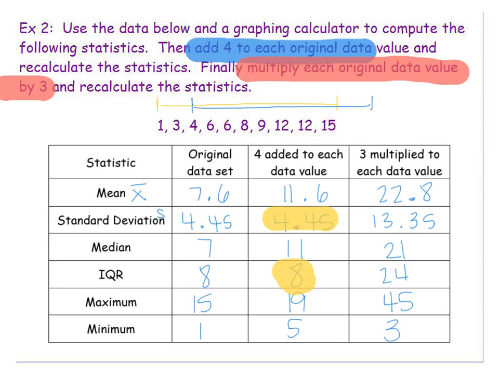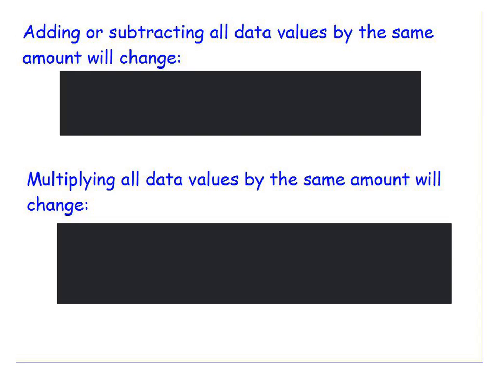But when we multiplied, the 1 changed to a 3, but then the 15 went way over here to 45, and that data stretched out. So multiplying, everything changed. This leads me to my next slide. When you're adding or subtracting all of the data values by the same amount, the following things will change.